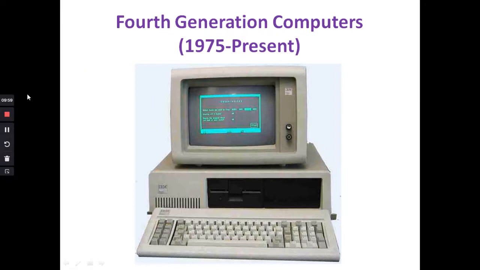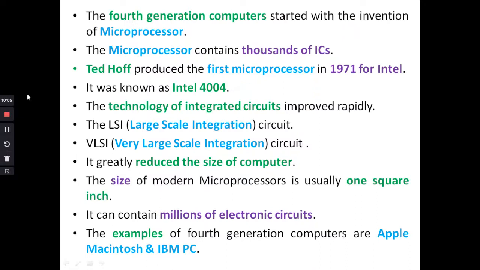Then the fourth generation computer, that is, the computers we are using nowadays, are called fourth generation computers. These started with the invention of the microprocessor. These work with the help of a microprocessor. A microprocessor consists of thousands of ICs. In the third generation, we said ICs consist of thousands of transistors. Now we are saying thousands of ICs are combined together to form a microprocessor.